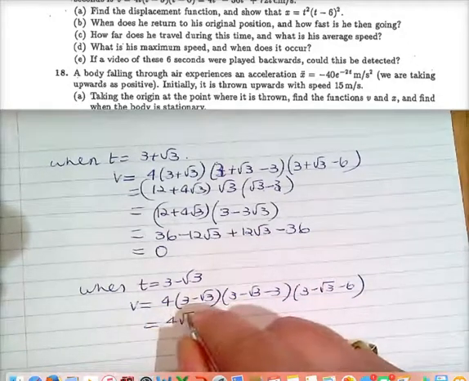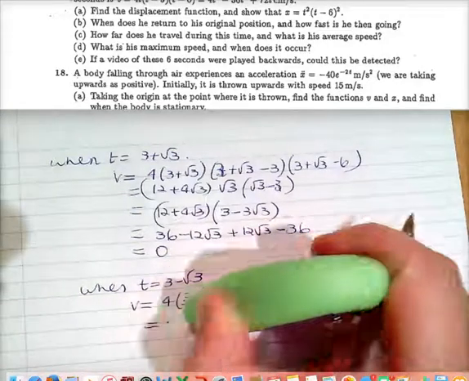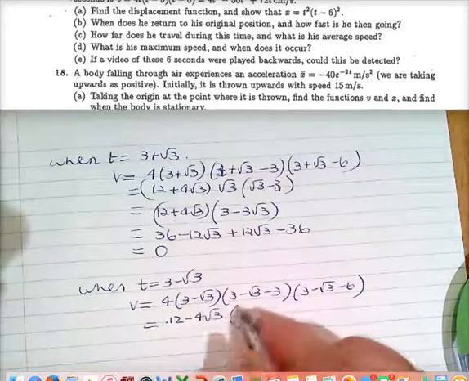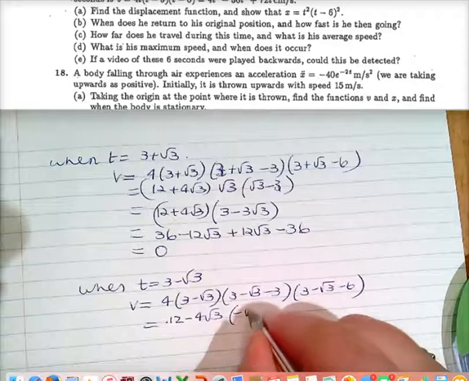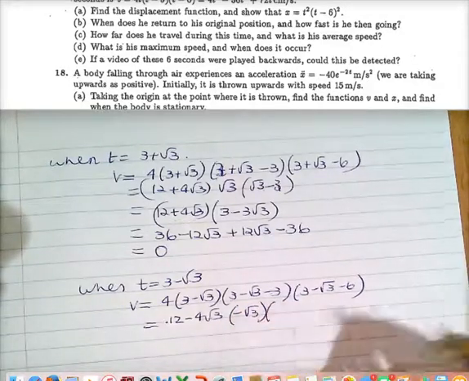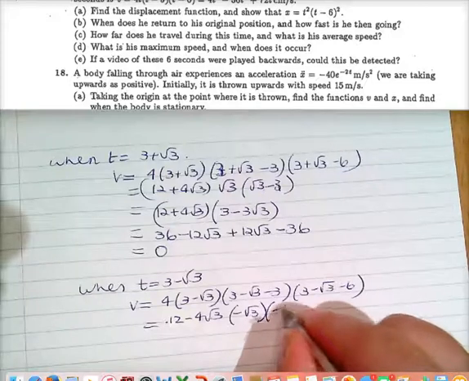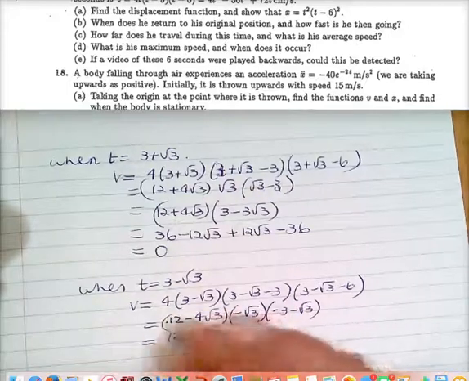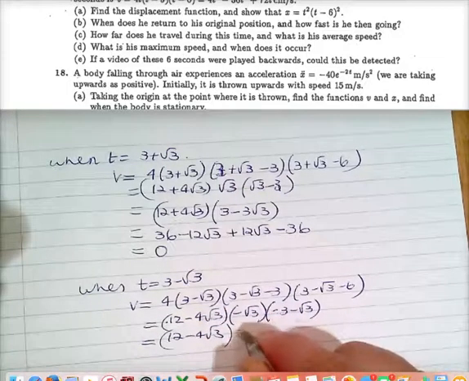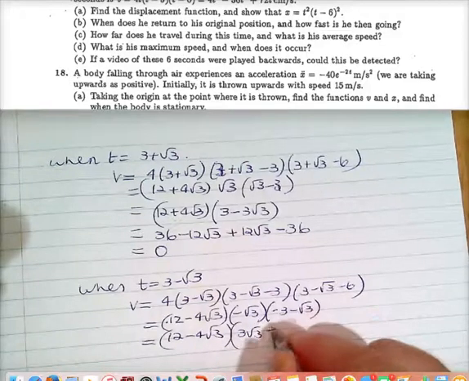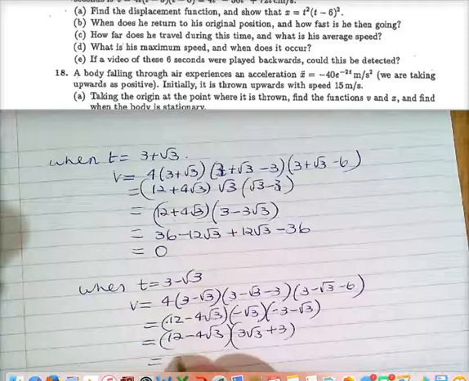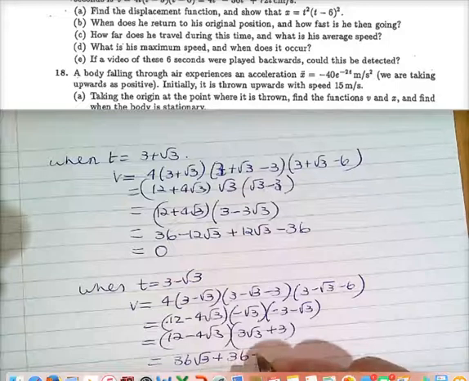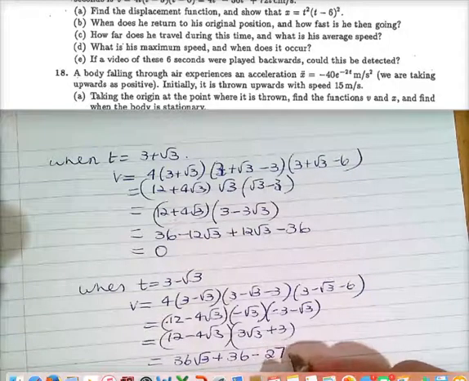Multiplying these two, we get 12 minus 4 root 3 times 3 minus 3 is 0, so times negative root 3 times negative 3 minus root 3, which is 12 minus 4 root 3, all of that, times 3 root 3 plus 3, which is 36 root 3 plus 36 minus 9 times 3 is 27.